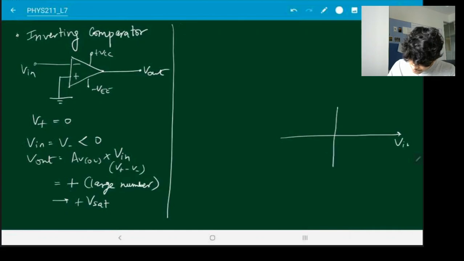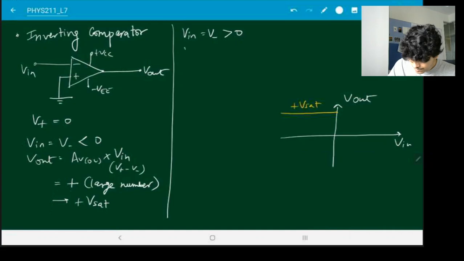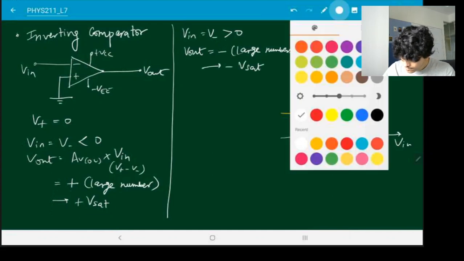So once again, if I am to make the plot, when V in is negative, your output is at plus VSAT. And when V in is positive, then V out is going to be negative, some large number, so it goes to minus VSAT.